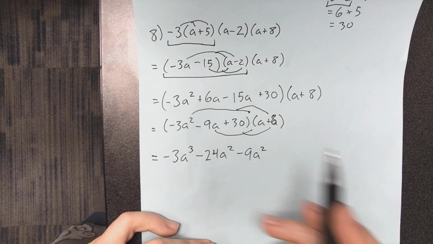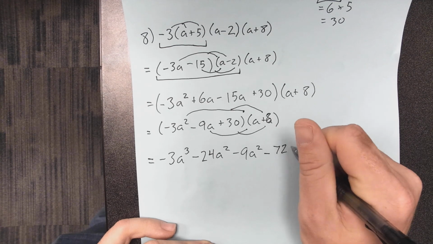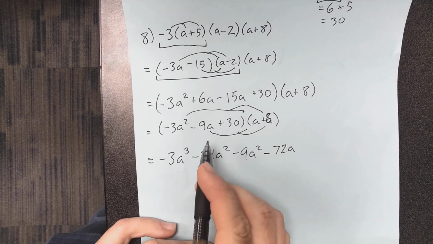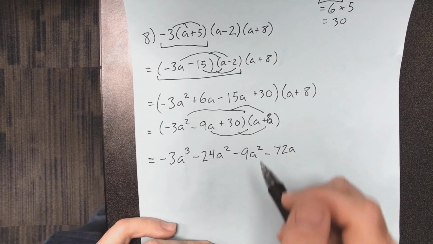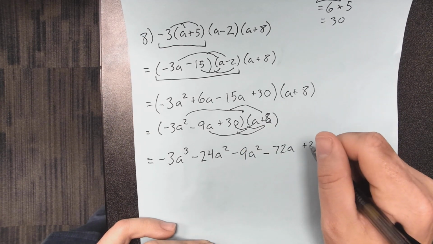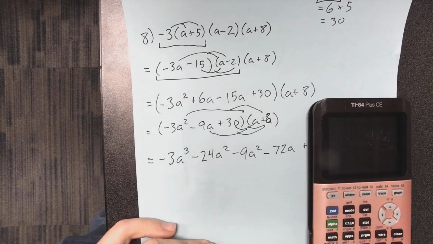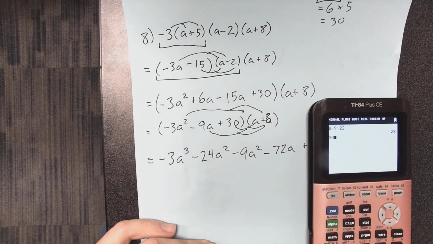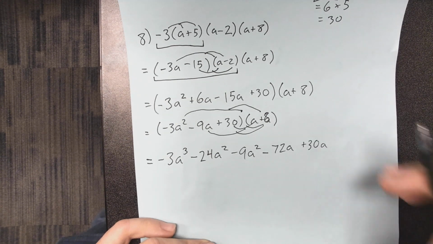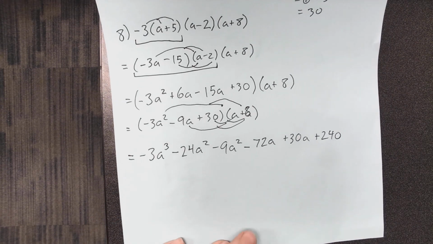Negative 9 times 8 is going to be negative 72a. We now distributed the negative 9a everywhere. Now distribute the 30 to everything. 30 times a is 30a, and then 30 times 8. It's getting kind of big, so I'm going to use a calculator. 30 times 8, 240. I'll give you all a moment to write that down.